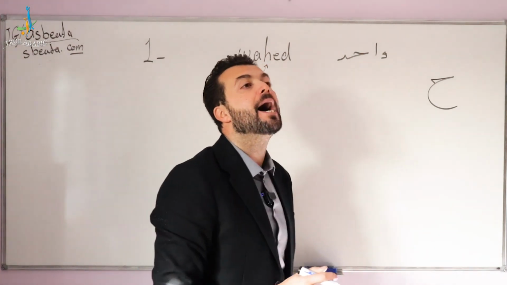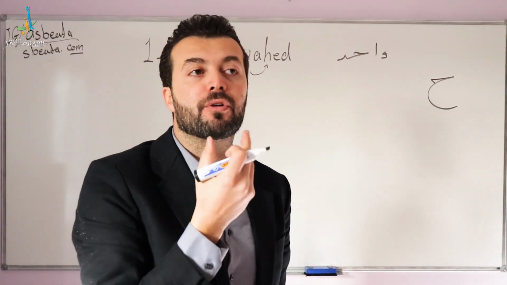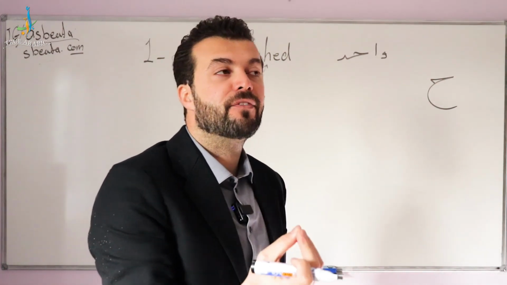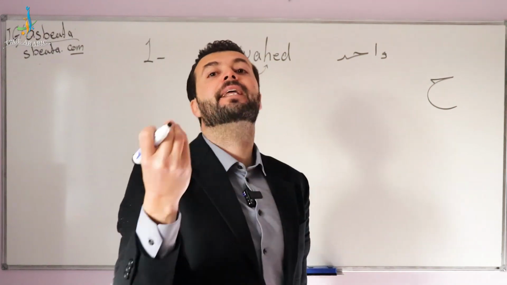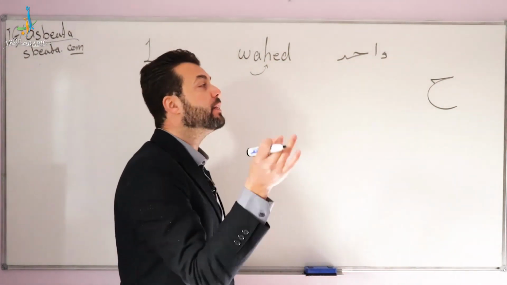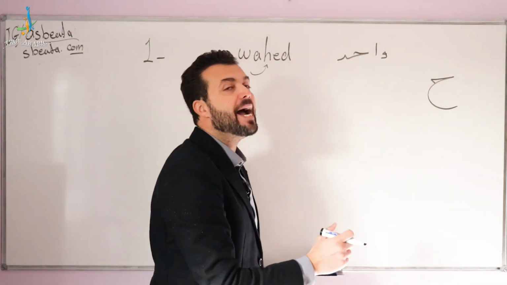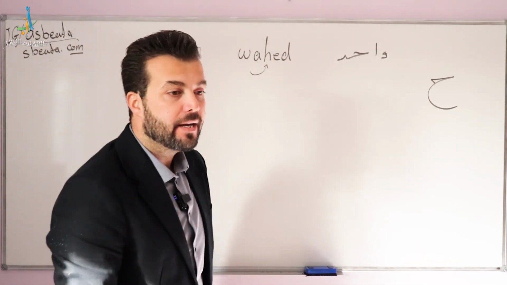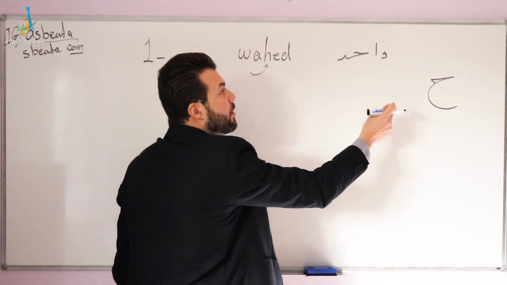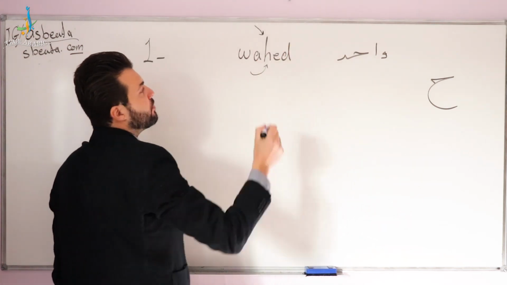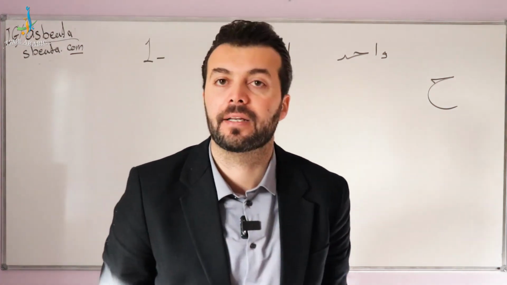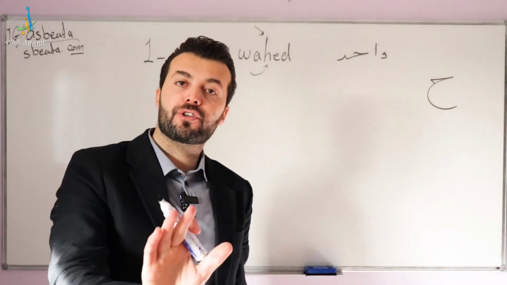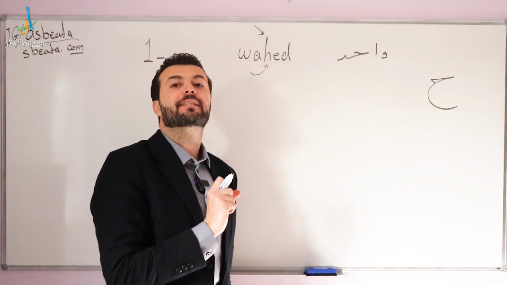There is a difference between the two. So it's originally said واحد, but because you cannot say the Arabic ha, you can replace it with h. You can say واحد, but originally it is واحد if you can say ha.